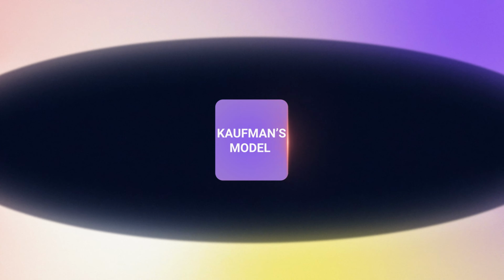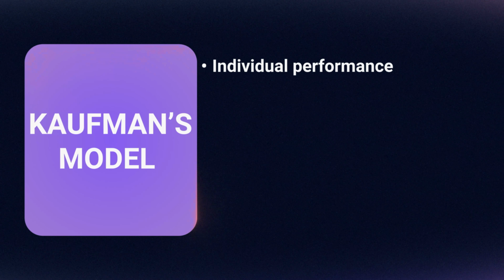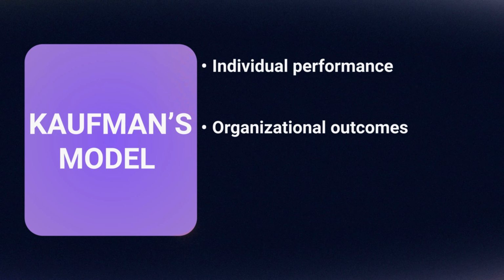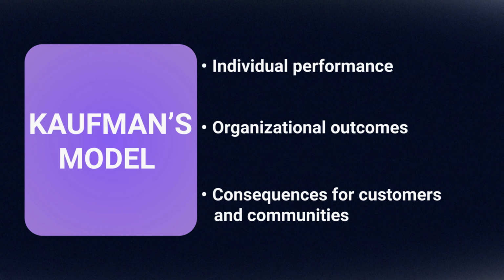Roger Kaufman's model expands evaluation beyond internal results. It includes societal and external impact. It evaluates individual performance, organizational outcome, and consequences for customers and communities. Kaufman argues that organizations should be accountable not only for internal efficiency, but for external value creation.